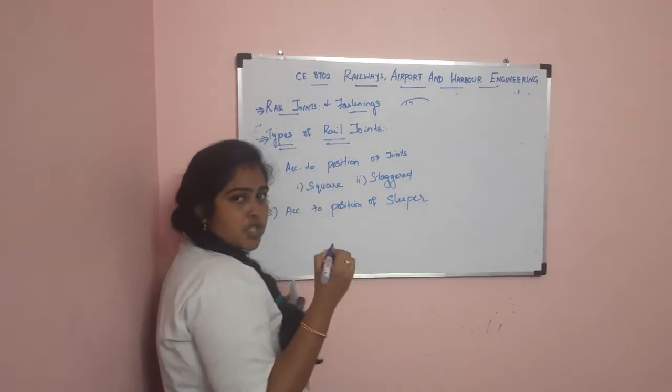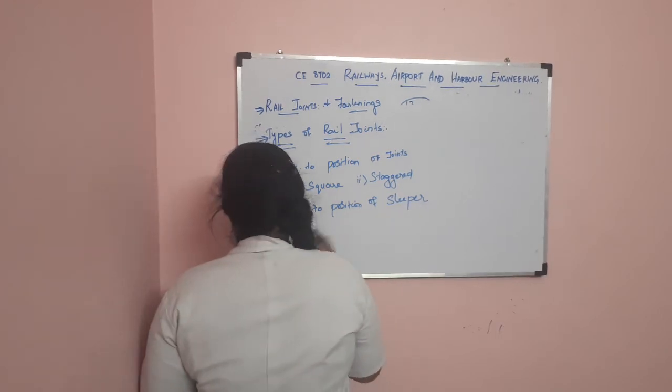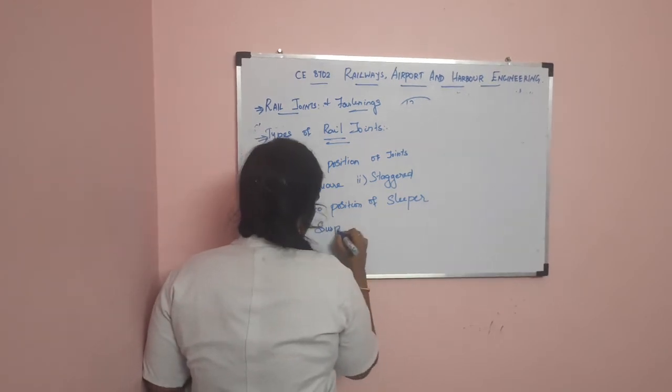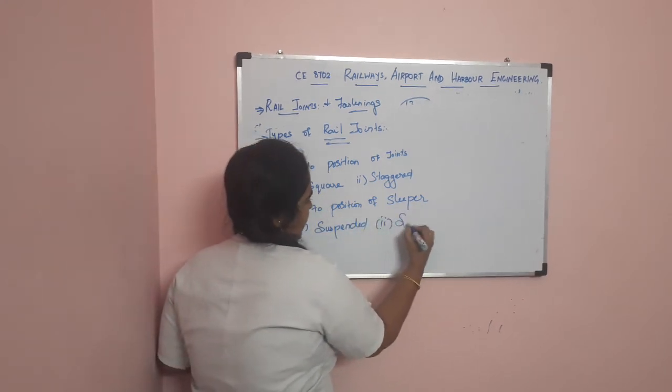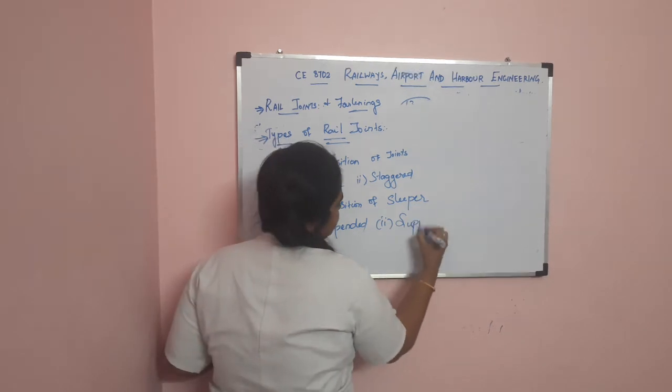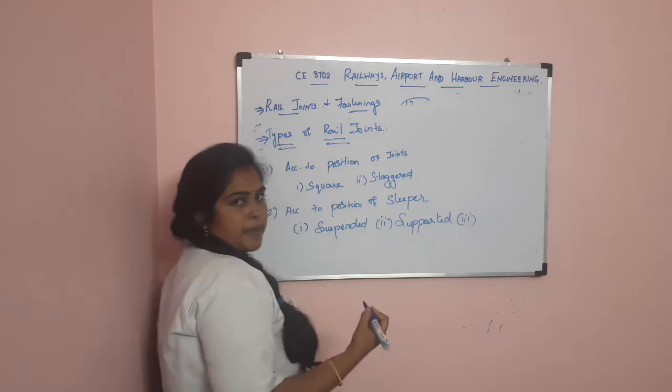Then according to the position of sleeper, it is divided into three types. First one is suspended, second one is supported, third one is bridge.